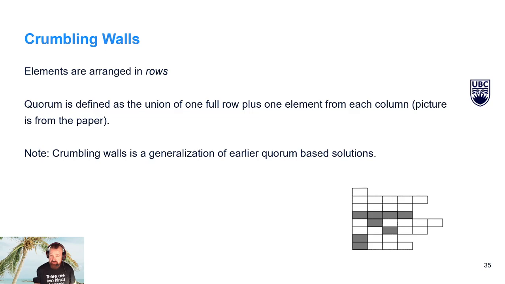In other words, voting for whatever the quorum value is. And then we need to have at least one element in each column that's present in the row that we've captured, that are in other rows.